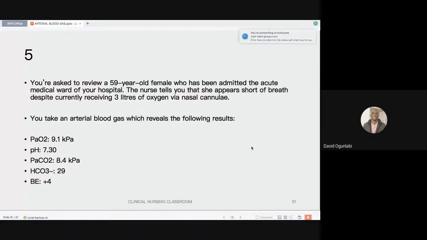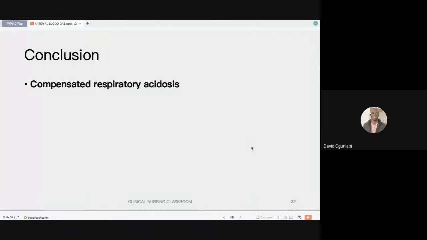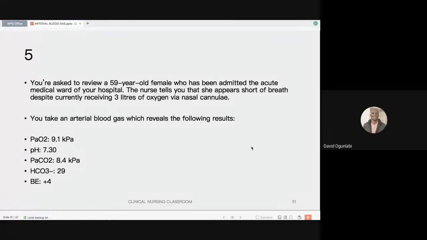So she's correct. Compensated respiratory acidosis. It's very simple, just like you have said. The first thing is pH. What is the pH? 7.30 is less than 7.35, so that's acidosis. The next thing is to know the source. PaCO2 represents the respiratory system. Bicarbonate represents the metabolic system.